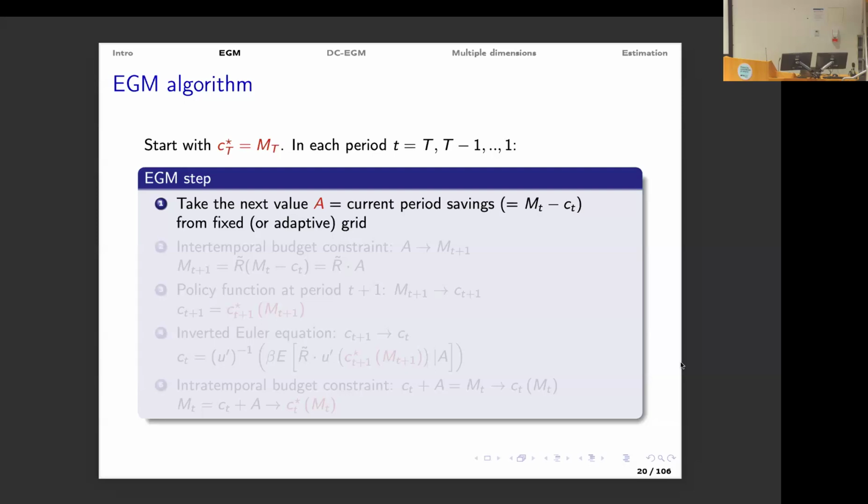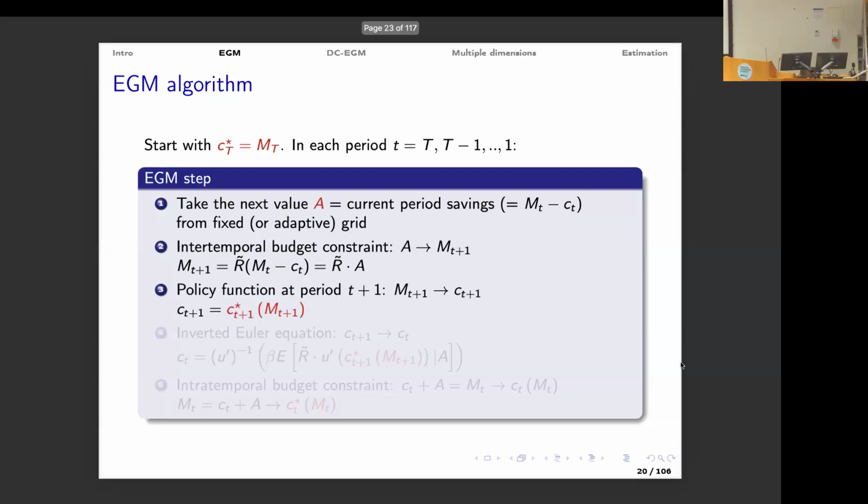But one EGM step starts with choosing an A that we will think of as the current period savings, so end of period wealth. Okay? Once we have A, then we can calculate the next period wealth, because that would just grow with some interest and give you the point in the next period wealth. Because this is backwards induction, we already know the policy function in the next period.